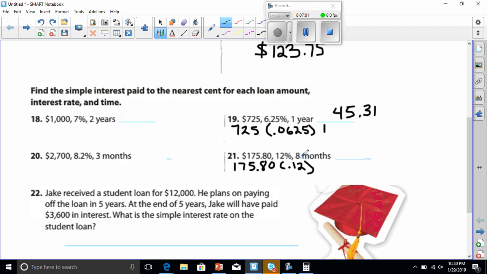And then we're multiplying by 8 months, and 8 over 12. Well, both of those numbers are divisible by 4. Well, 8 divided by 4 is 2. And 12 divided by 4 is 3. So that means it's 2/3.